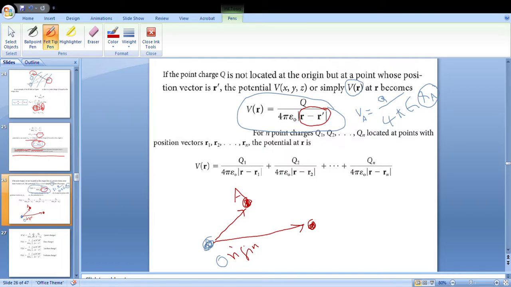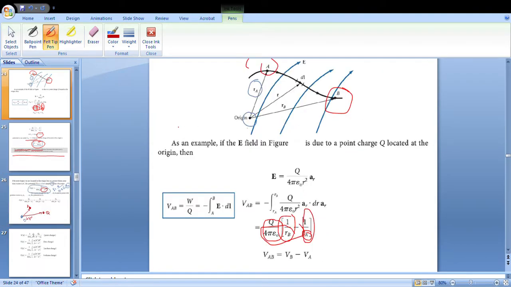Suppose here the charge is located at this point. In the earlier case, the charge was located at the origin, so we were able to calculate the potential here by taking this RA directly, right?